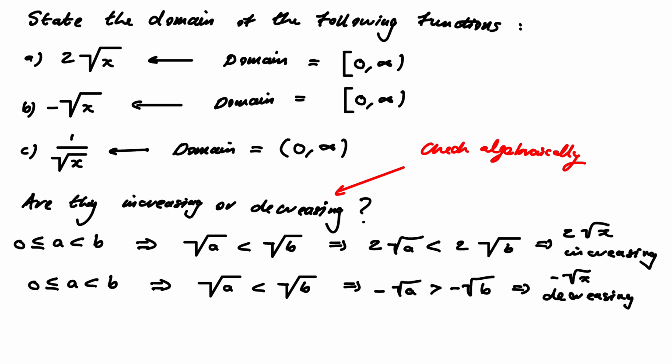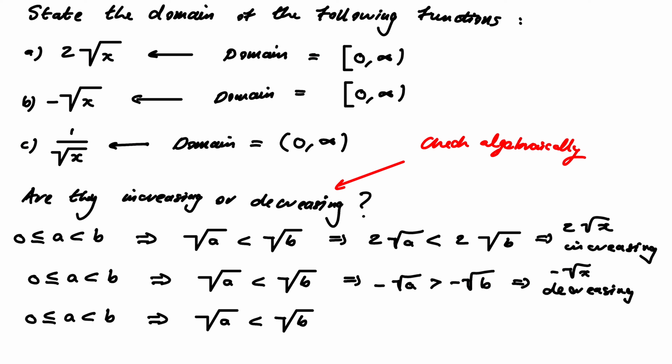Finally, the last case. It's the same story. We get to here. But I need to be a bit careful here because in the last case, we can't allow 0. So let's remove that possibility. So that's true. It's also true now that taking the square root gives you a non-zero number. So this is the case. But if I take two positive numbers, one less than the other, and I take the reciprocal, so 1 over both of them, that reverses it.